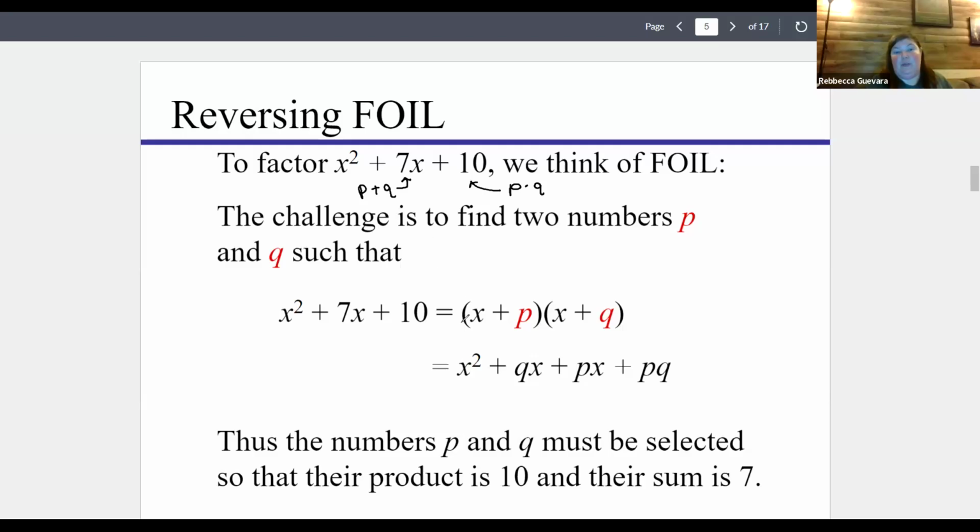Once we find those two numbers, that gives the factored form of x squared plus 7x plus 10. So numbers p and q must be selected so their product is 10 and their sum is 7. That's what we're going to work on, and it's not really that complicated. Basically we just need a chart and some trial and error.